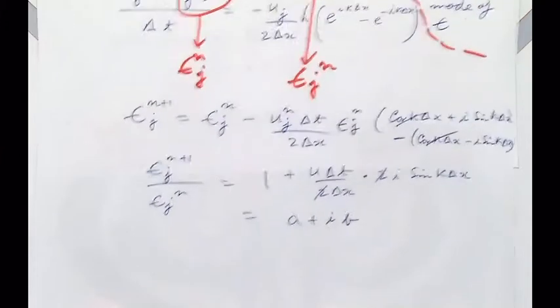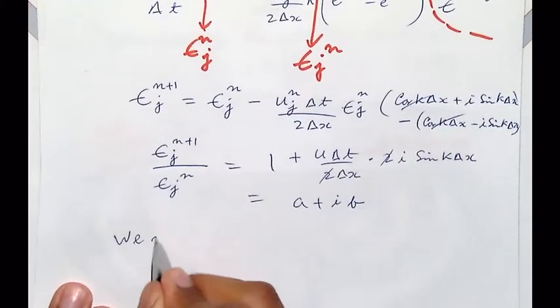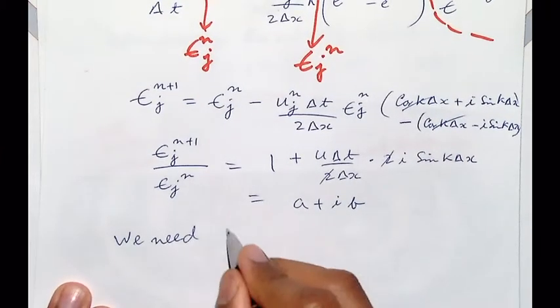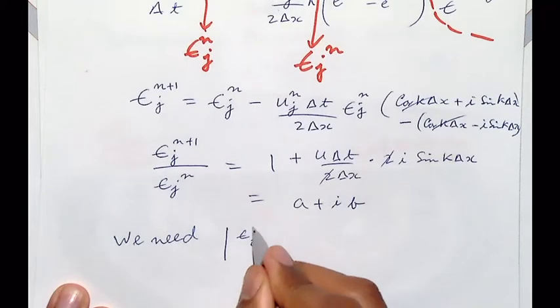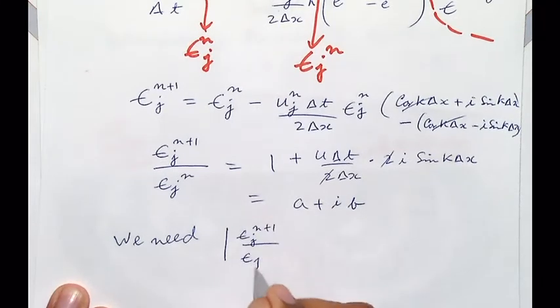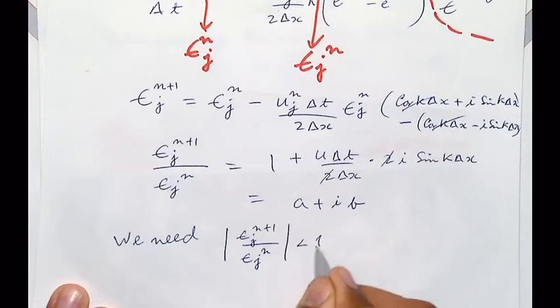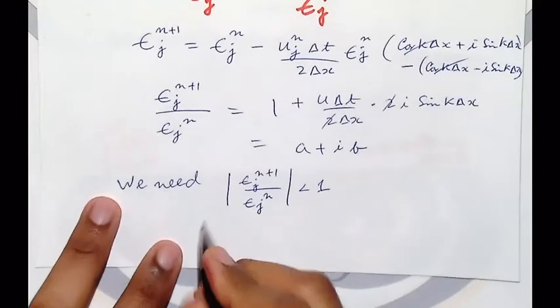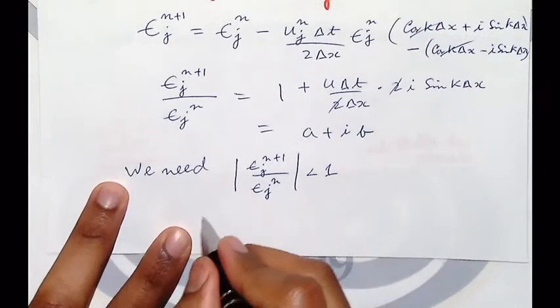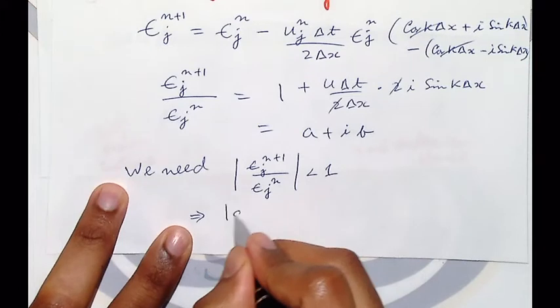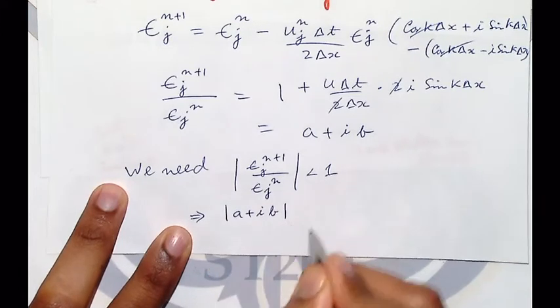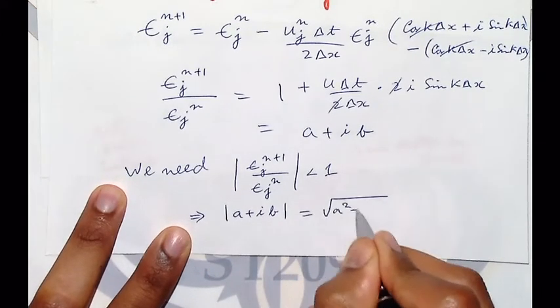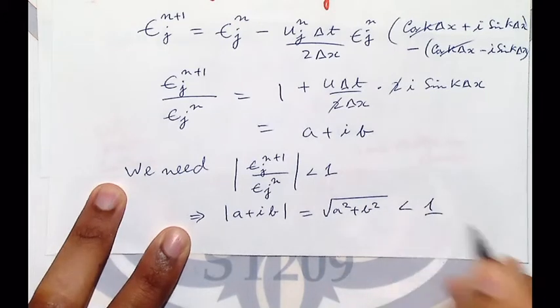And we know that we need the modulus of this to be less than 1, right? So we need a plus ib, which is basically square root of a squared plus b squared, to be less than 1.